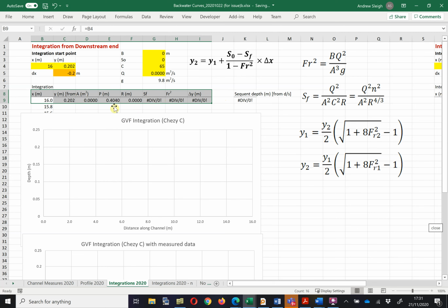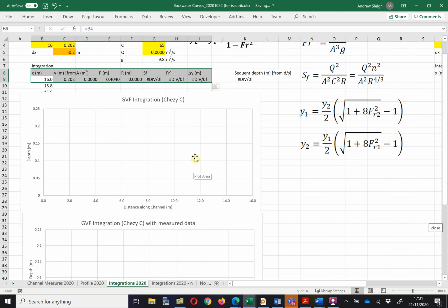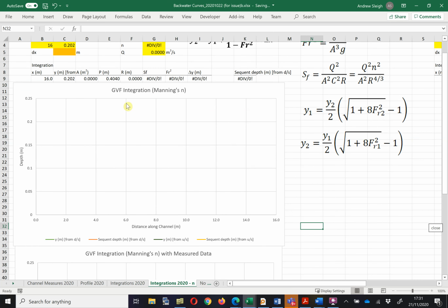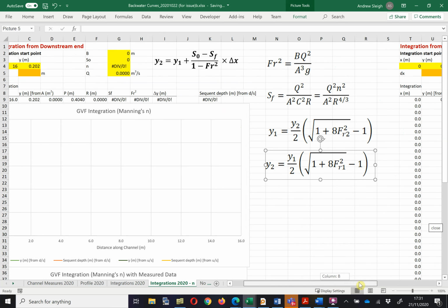Understand these tables, and once you've got data in these tables, it can appear on these charts. You can do your own spreadsheet, that's fine, but I've set things up for you to do it here. So that's an integration with the Chezy C, and then there's a similar integration with the Manning's n that you use. I've handily put all the relevant equations here.